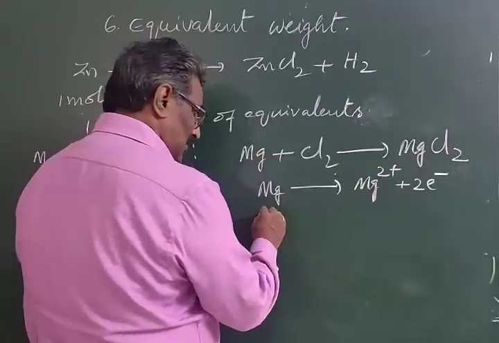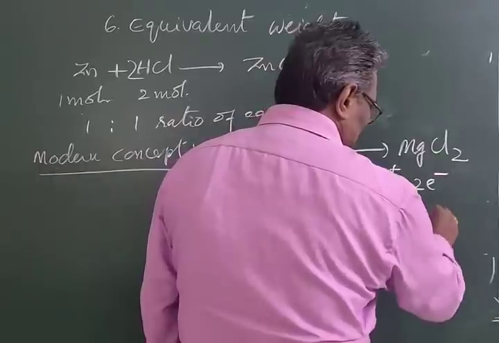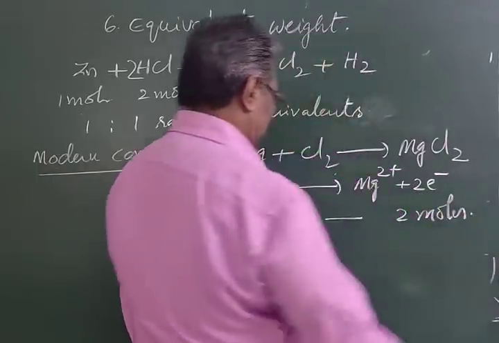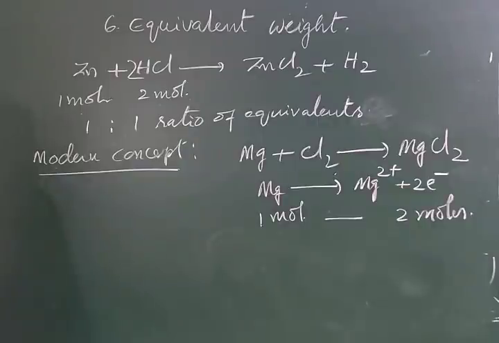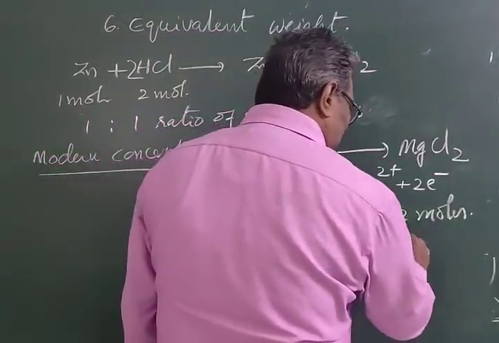1 mole of magnesium loses 2 moles of electrons. So how many moles of magnesium lose 1 mole of electrons?